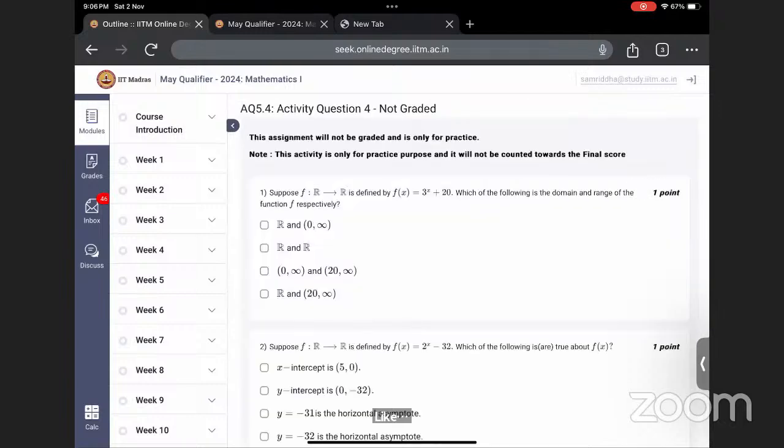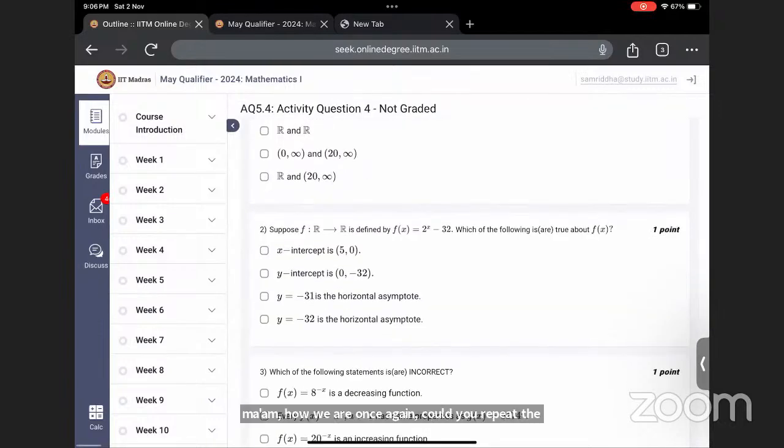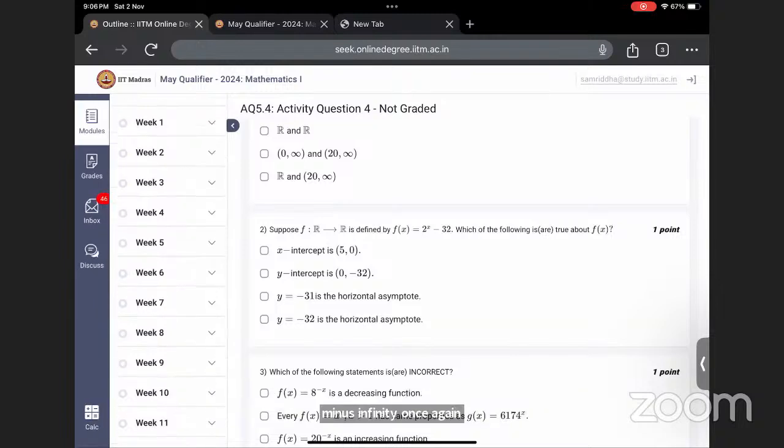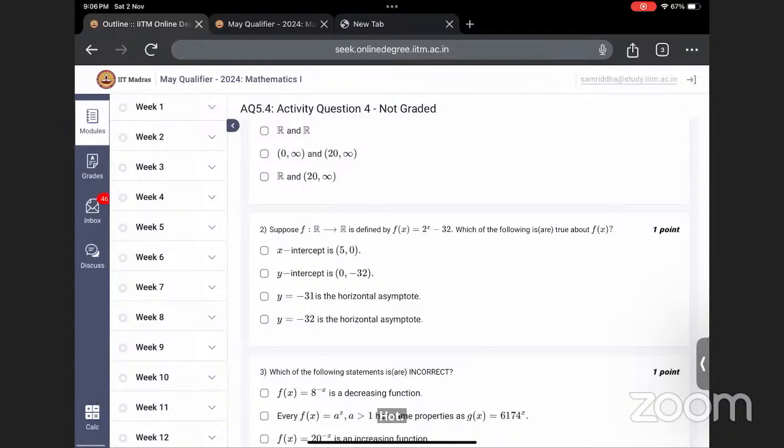Ma'am, could you repeat once again what you just told about minus infinity? Basically, if you want to calculate the horizontal asymptote, you have to take the limit as x tends to infinity or the limit as x tends to minus infinity. Then you can find the horizontal asymptote. Similarly, for the vertical asymptote, you have to take y tending to infinity or y tending to minus infinity.